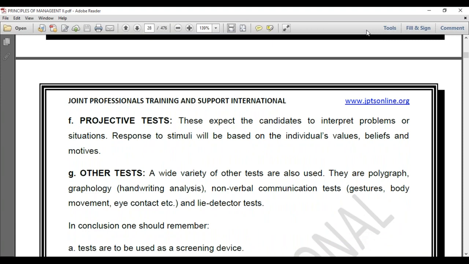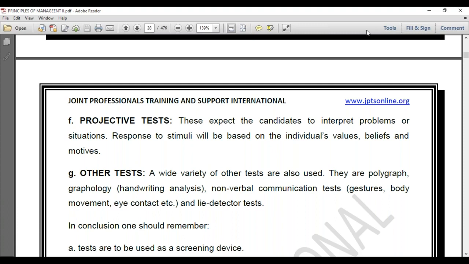The projective test helps the employer to identify your ability to interpret problems when situations arise. This kind of test is carried out in most cases. A manager can give you 5, 6 different tasks to work with at the same time. Your ability to do these 5 different tasks and still remain focused makes you who you are.